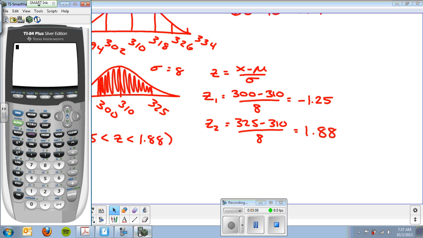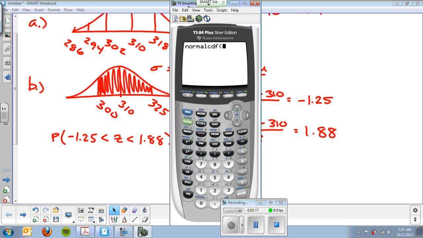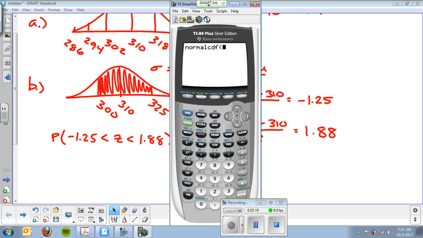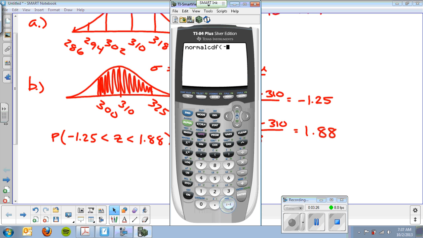I will use my calculator, second VARS, a little different on the Casio, but you enter it the same. Normal CDF. Now, I'm going to type in the lower and the upper, or the min and the max. In this case, I'm going between -1.25 and 1.88. So I'm just going to type those numbers in: -1.25, comma, 1.88.